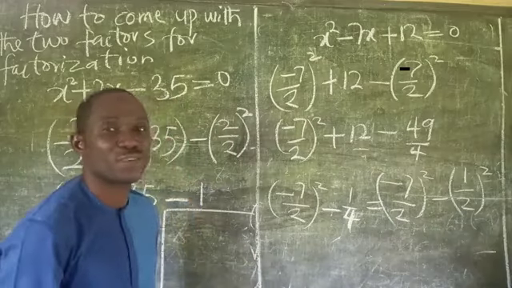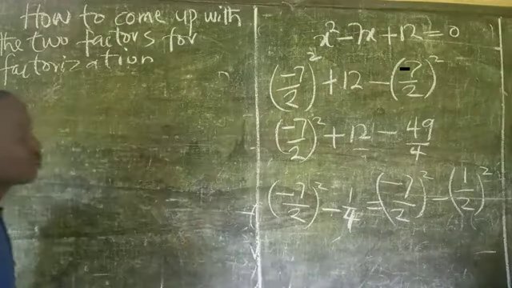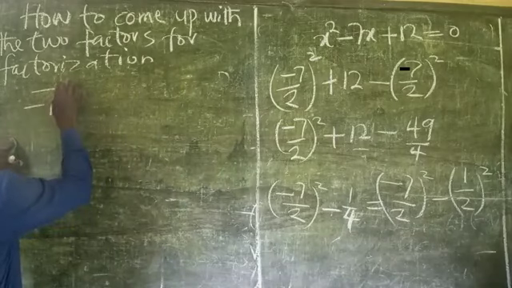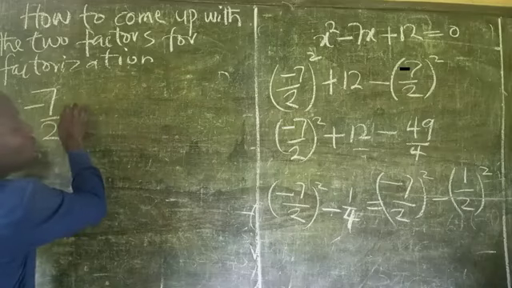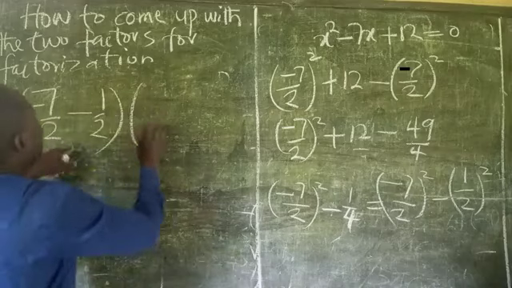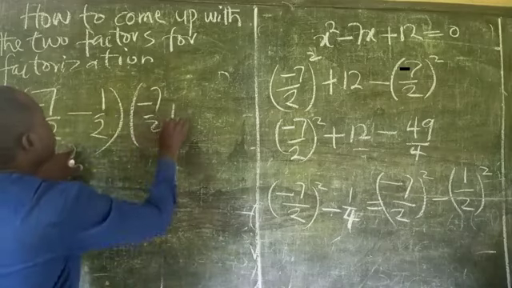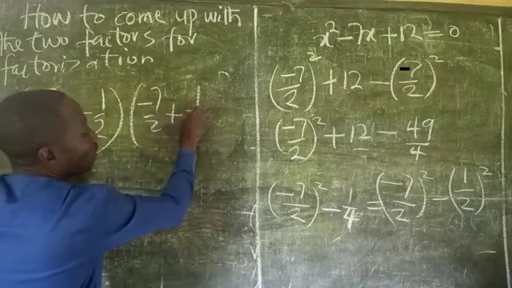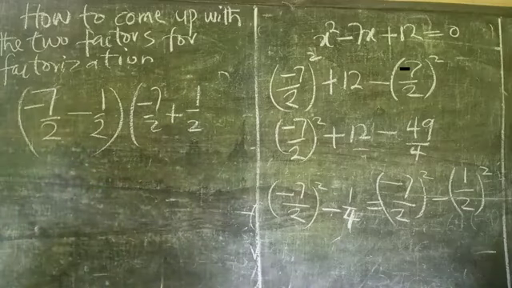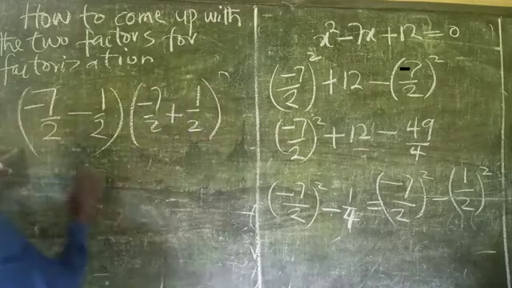We have come up with the difference of two squares again. So what happens there? We have minus 7 over 2 minus 1 over 2 and minus 7 over 2 plus 1 all over 2. You see? So we're going to work on this and see what comes.